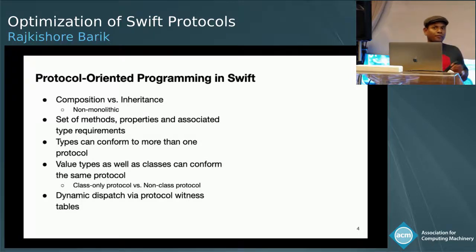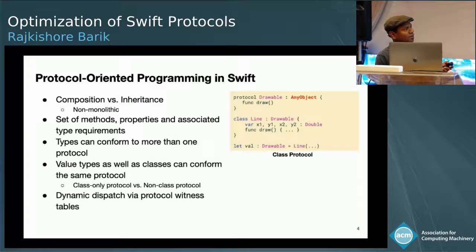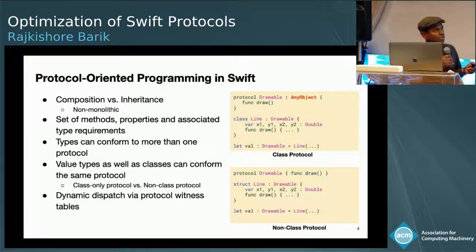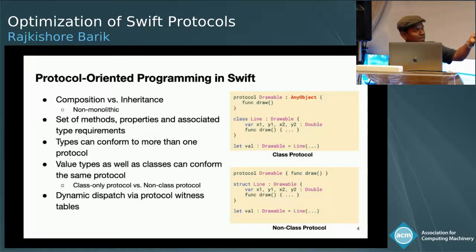Swift makes a distinction between class protocols and non-class protocols. Here is an example that shows a class protocol, and another example at the bottom that shows a non-class protocol. The only difference, if you can see, is the AnyObject inheritance for Drawable, and that defines it to be a class protocol, which is essentially a reference type and can only be implemented by a class type.